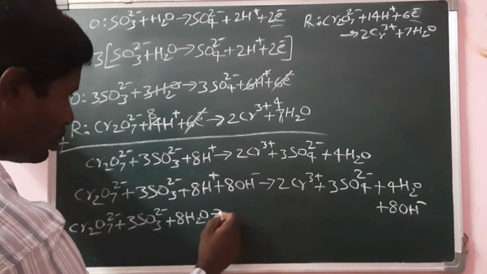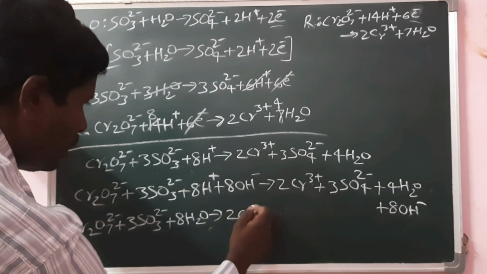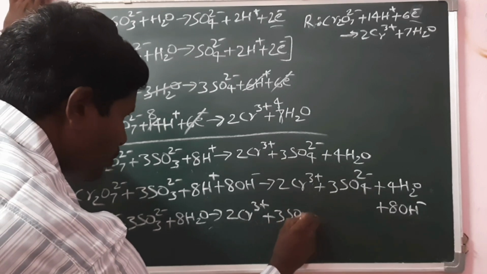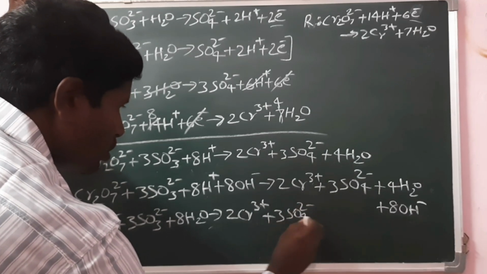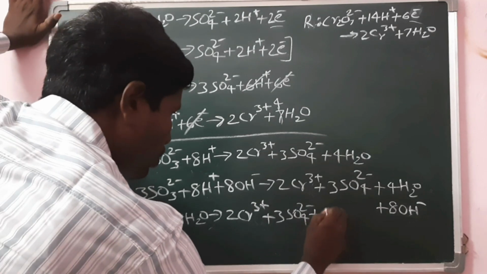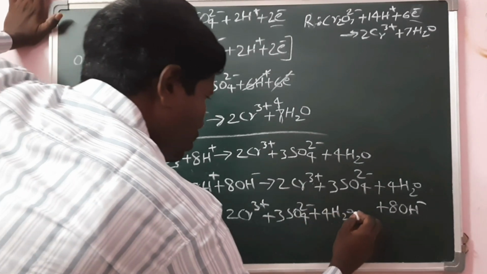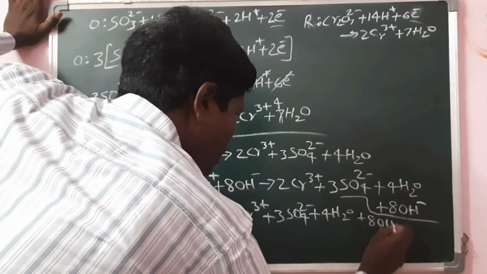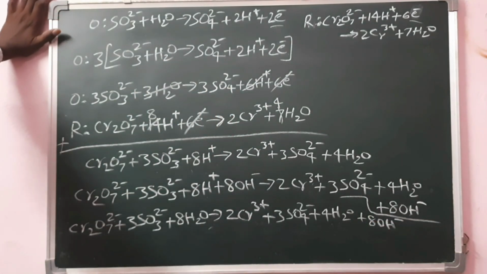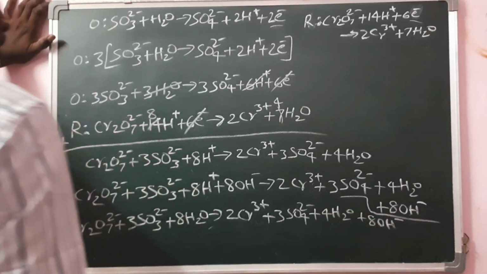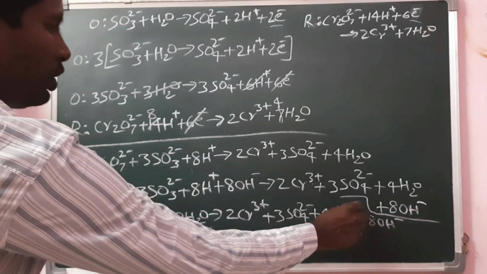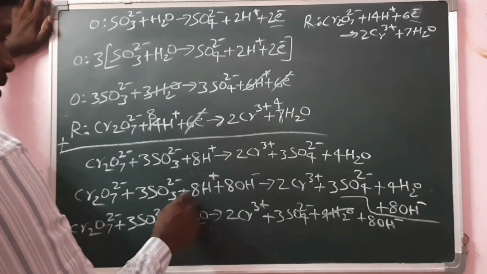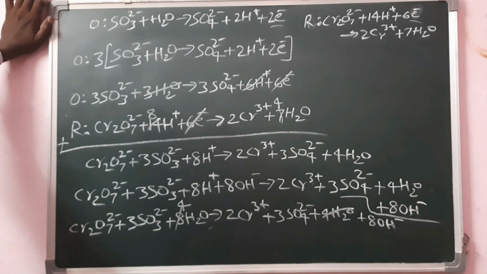This gives us 2 Cr3 plus plus 3 SO4 2 minus plus 4 H2O plus 8 OH minus ions. Now we can cancel the same terms. Here 4 H2O molecules cancelled with 4 H2O molecules, remaining 4 H2O molecules.